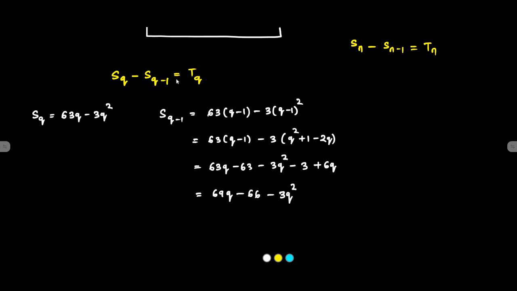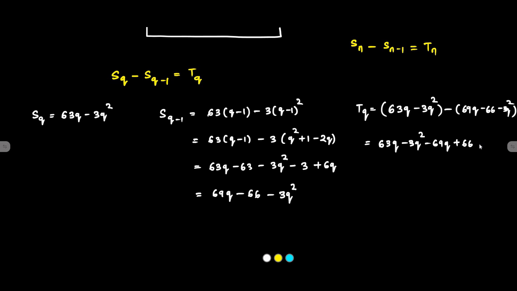So here Sq minus Sq minus 1 is Tq. So 63q minus 3q square minus the quantity 69q minus 66 minus 3q square is equal to Tq. This is equal to 63q minus 3q square minus 69q plus 66 plus 3q square.